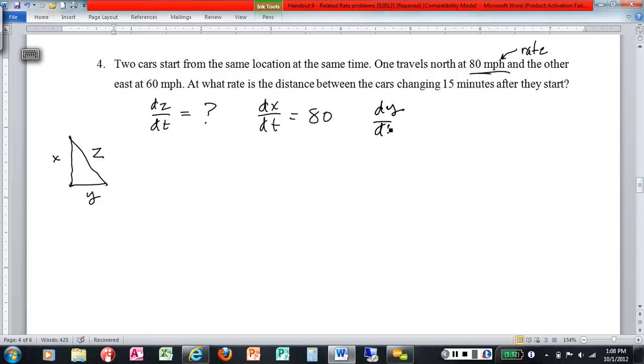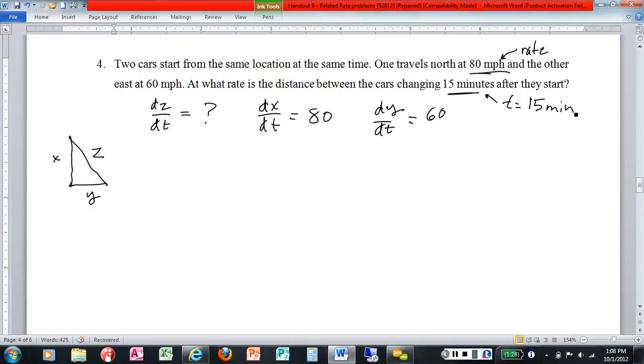So this is what we know, and then what about the 15 minutes? Wouldn't that be the time, t? But we should note here a discrepancy between the time and the rates. Aren't the rates in hours, whereas the time is given in minutes?